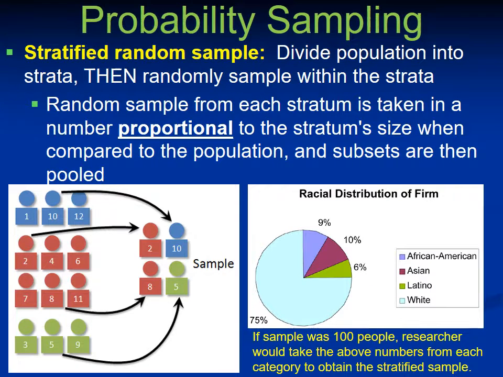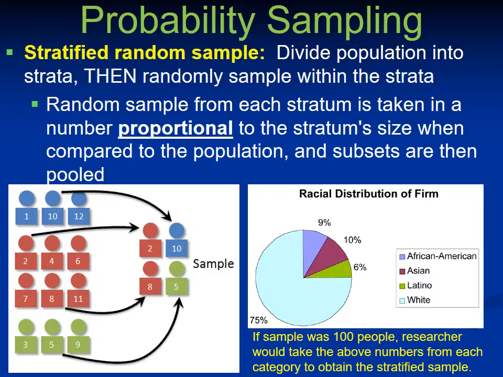Okay, and the last kind of probability sampling I want to talk about is stratified random sampling. What you do here is you first break your population up into groups of interest based on whatever shared attributes or characteristics. So maybe you'd break your population up by gender or age or ethnicity or region, and then you randomly sample from each group. This is especially good if you have a particular stratum in your population that might end up being over or underrepresented in your sample.